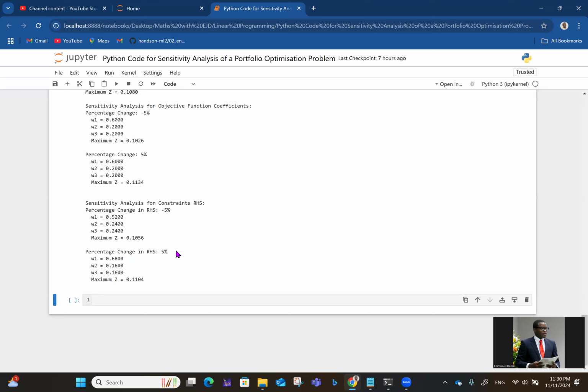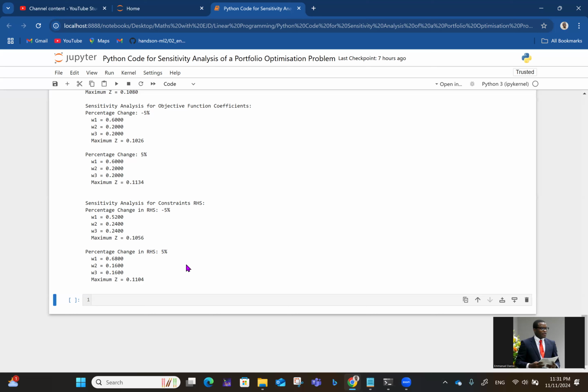And then if you increase the constraint limits by 5%, instead of 0.8, we were getting 0.84. The reduction was the 0.76 thing we had in the previous video. Because of the increase in the right-hand side, there's a shift to more investment in the first asset, with W1 now 0.68, which is 68%, and W2 and W3 have 16% each.